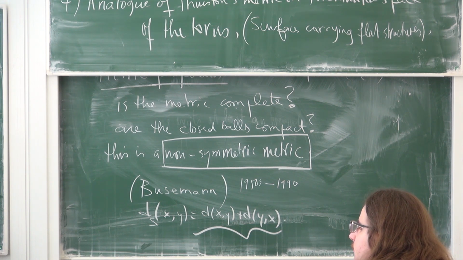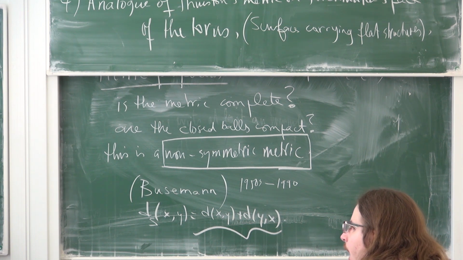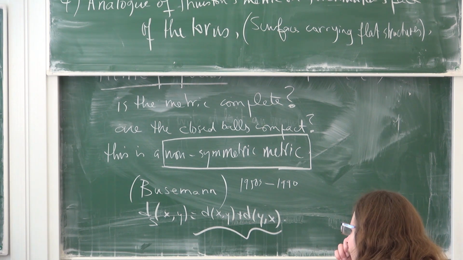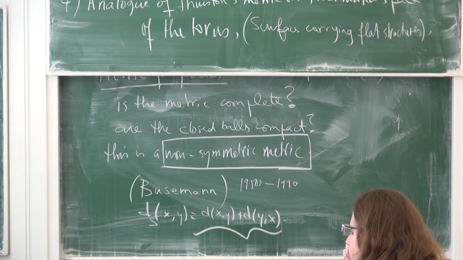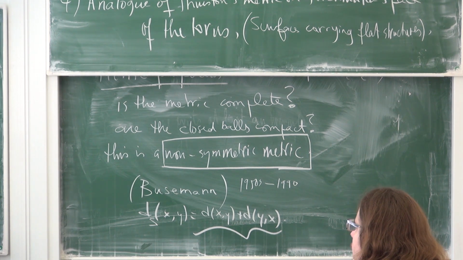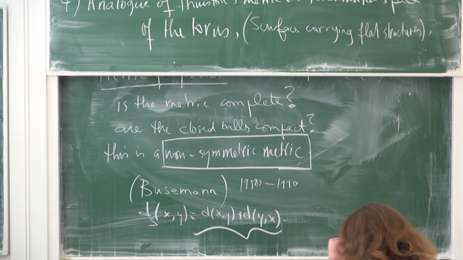The problem with the best Lipschitz mappings, unlike quasi-conformal mappings, is that the inverse of a best Lipschitz mapping is almost always not a best Lipschitz mapping, so the metric is non-symmetric.